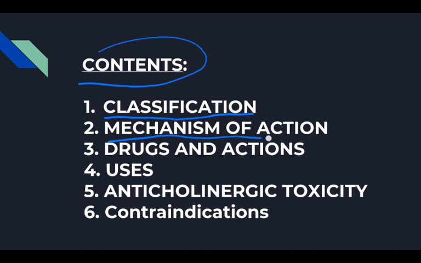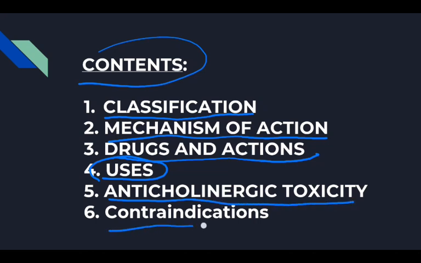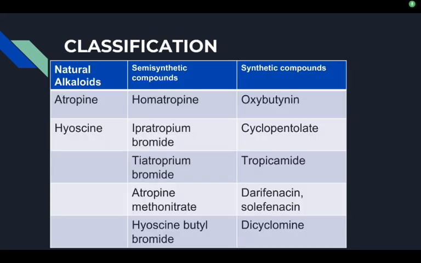Second is the mechanism of action, how they act, drugs and their actions on different parts of the body, in what condition those drugs are used, then anticholinergic toxicity, and finally contraindications, in which cases we should not use these drugs. And if you read once from the textbook after listening to this lecture, I think you are good to go in this topic.